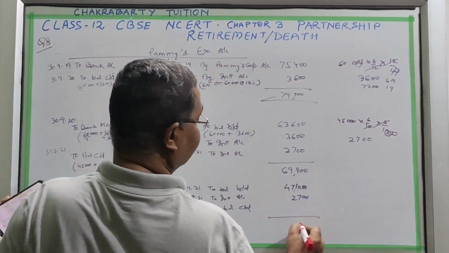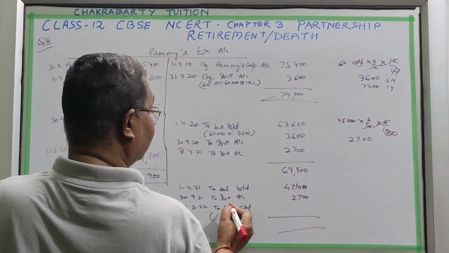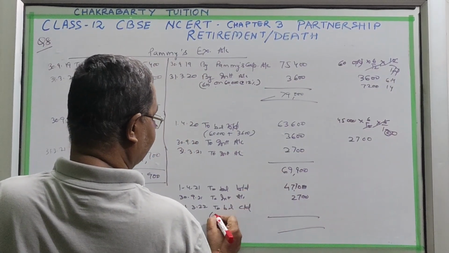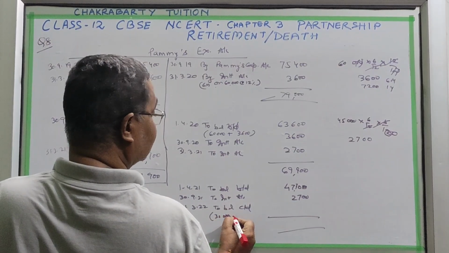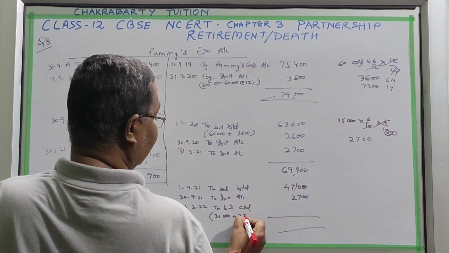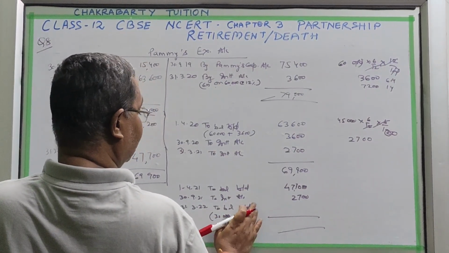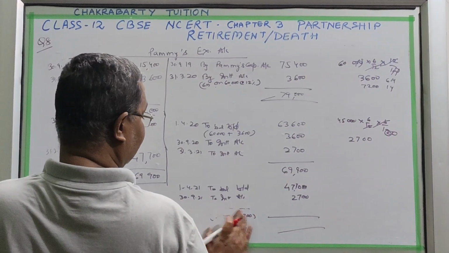Balance carried down: out of 45,000, 15,000 is given, so the balance will be 30,000 plus 2,700. Okay, no, not this side, the balance will come to that side.